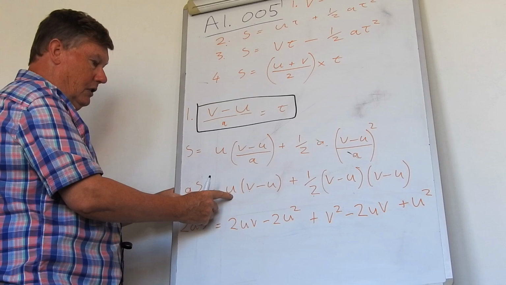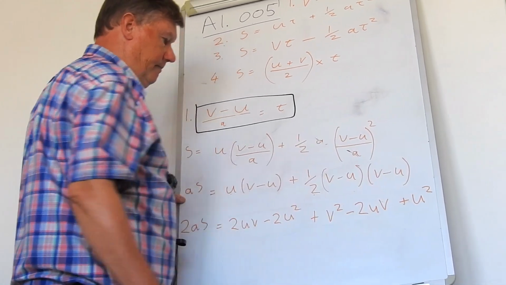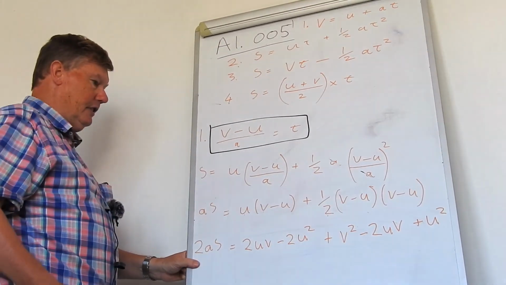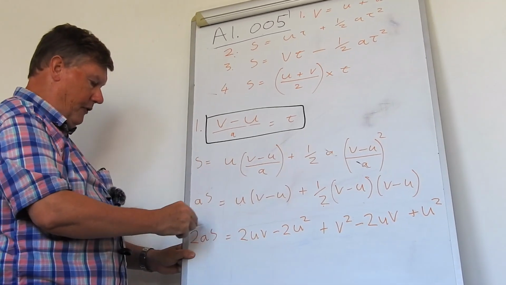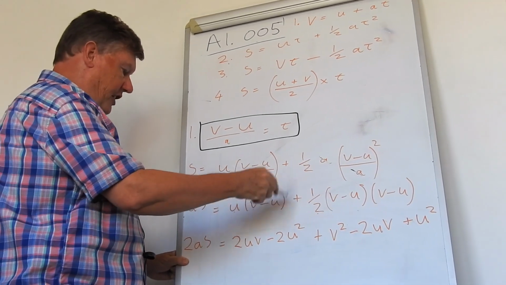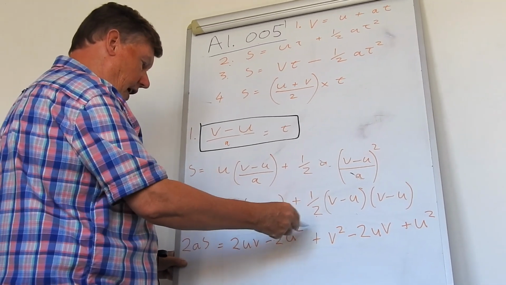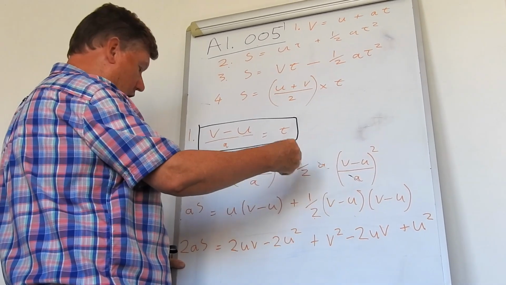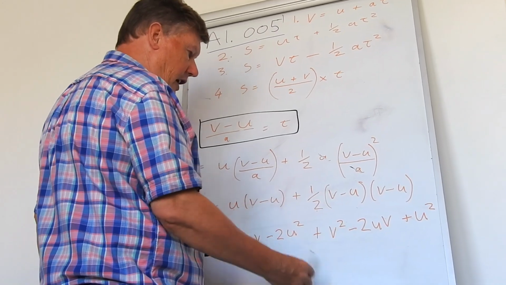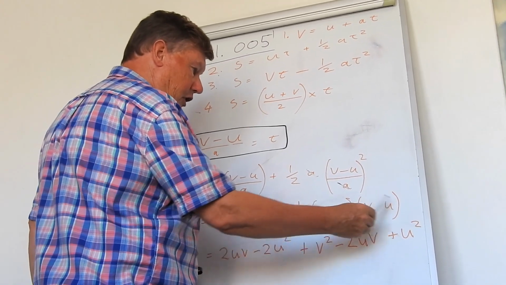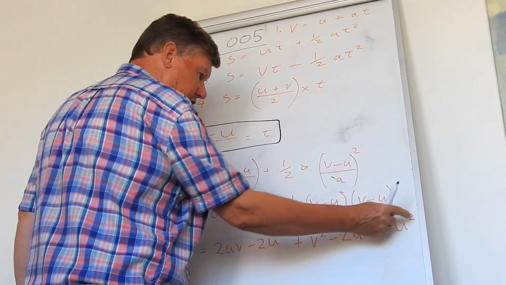As equals u times (v minus u) plus a half (v minus u) times (v minus u). And expand that out. First things first, we'll get rid of the half. We'll multiply both sides by 2 first. So we have 2as equals 2 times this, which is 2uv minus 2u squared, plus, the half's gone because I've multiplied it by 2, v times v is v squared, minus 2 lots of uv, plus u squared, because minus u times minus u is plus u squared.